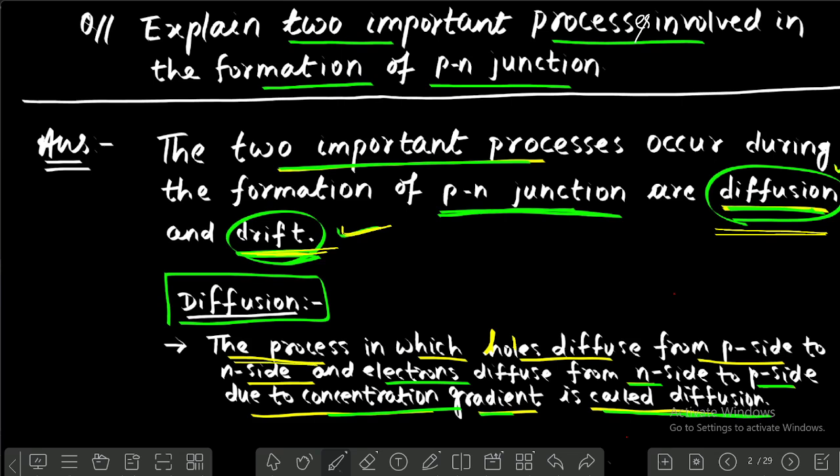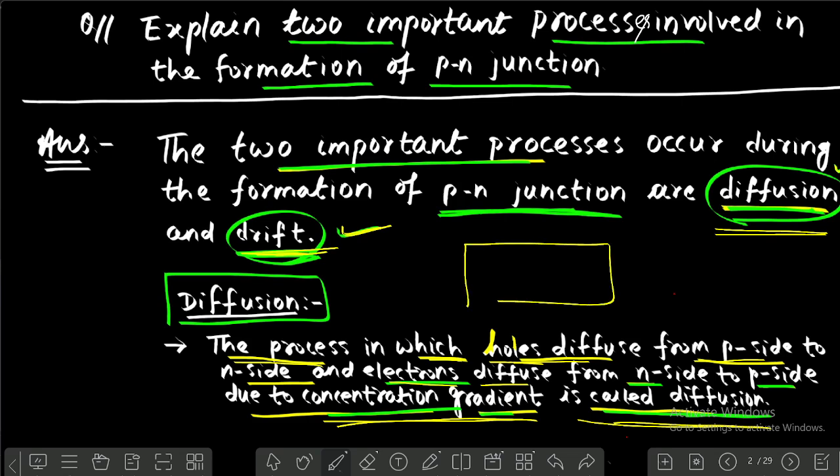The process in which holes diffuse from p side to n side and electrons diffuse from n side to p side due to concentration gradient is called diffusion. Remember, due to concentration gradient, holes are diffusing from p side to n side and electrons from n side to p side. How is there a concentration gradient?